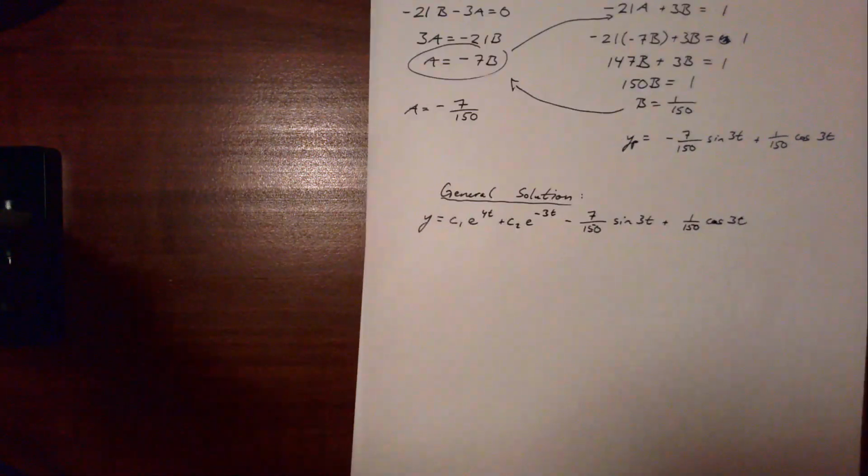So notice that in the case of different initial conditions, we would end up with different values of c1 and c2, and the values of the yp would not be varying.